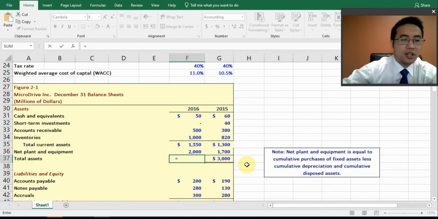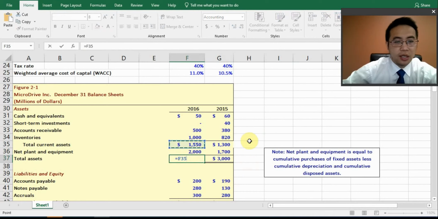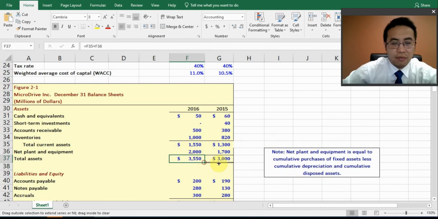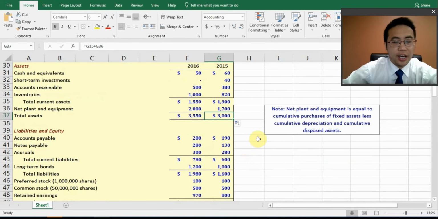But for total assets, I'm going to put the total current assets plus the net plant and equipment, or net fixed assets, and then I'm going to drag it all the way to the right. As you can see, both columns have the formulas plugged in. And then I check my total current liabilities.